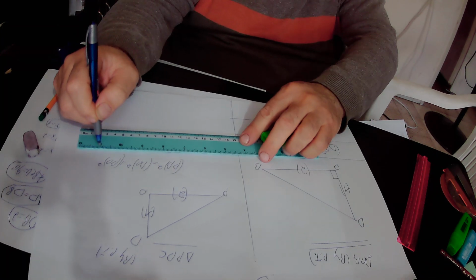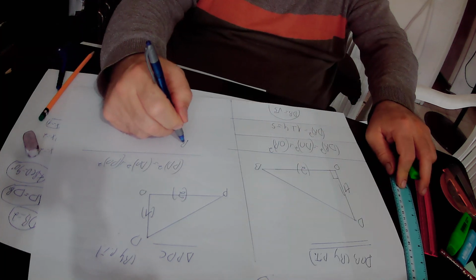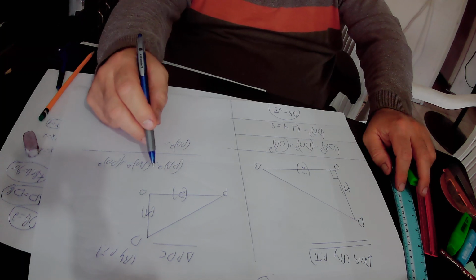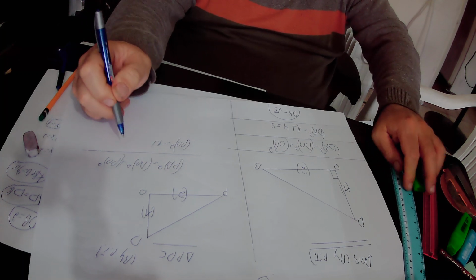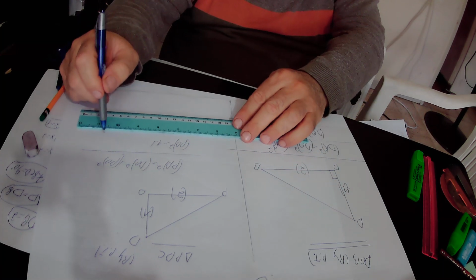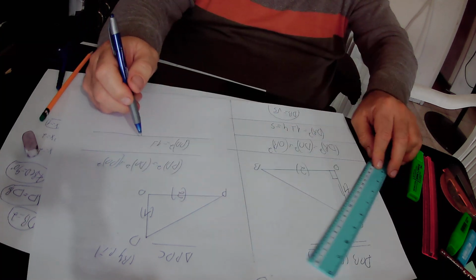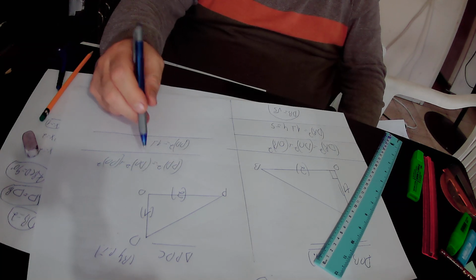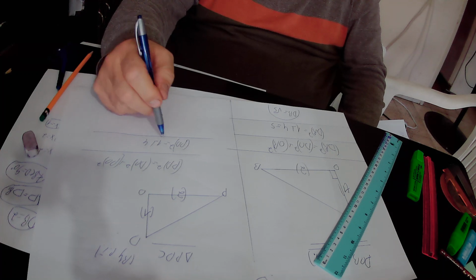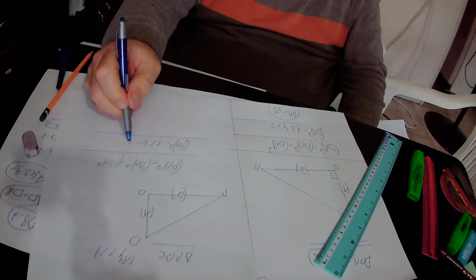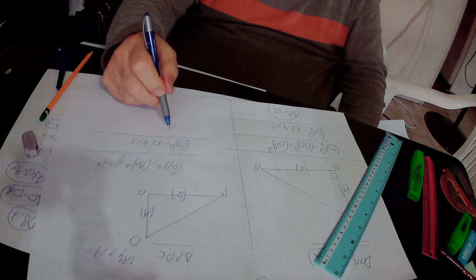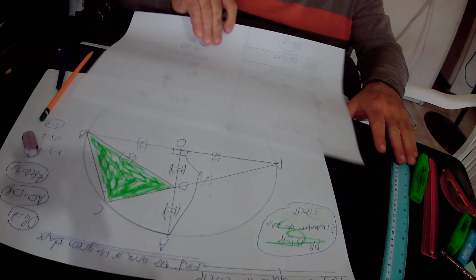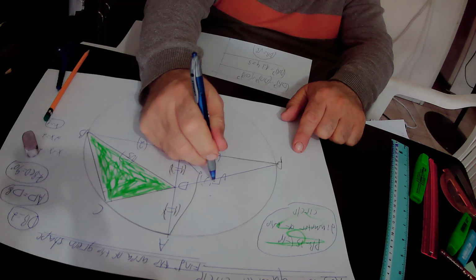So PD square, that is the square of the hypotenuse, must be equal to DO square. DO is 1, therefore DO square is 1 squared, that is 1, plus PO square. PO is 2, therefore PO square is 2 squared, that is 4. So in total, PD square equals 1 plus 4, that is 5. Here we take a root of this equation and get that PD equals the square root of 5 units in its length. So this side PD also equals the square root of 5 units in its length.